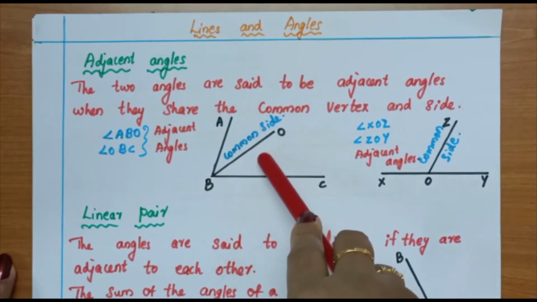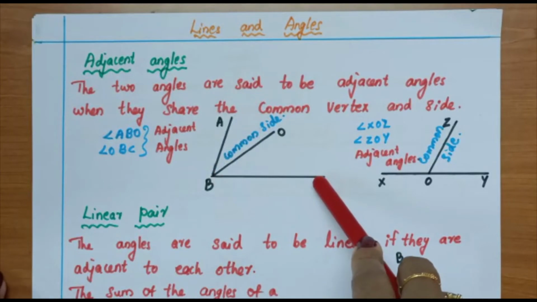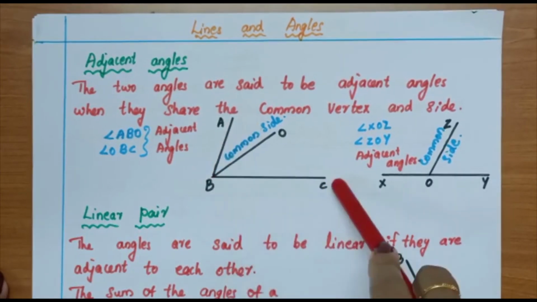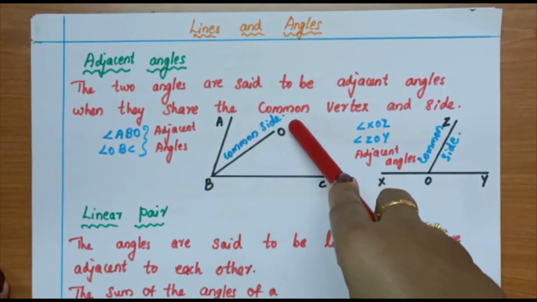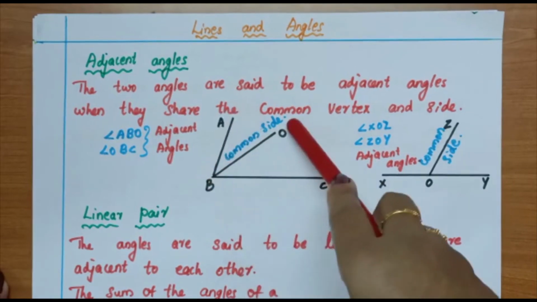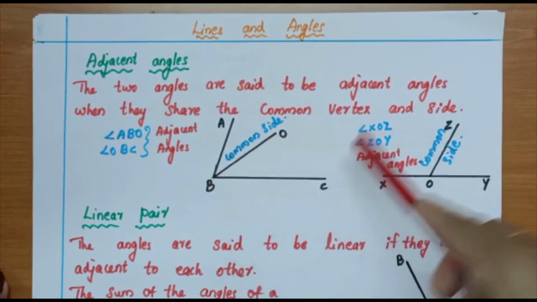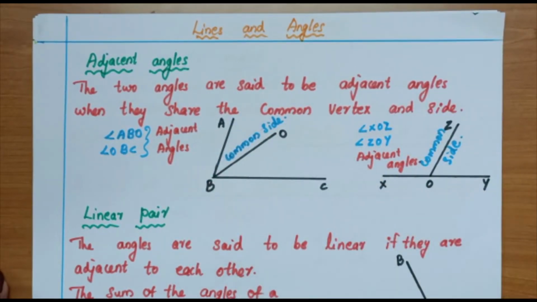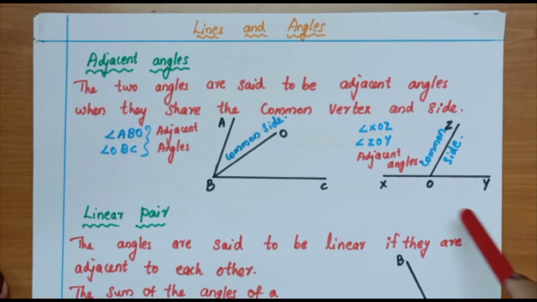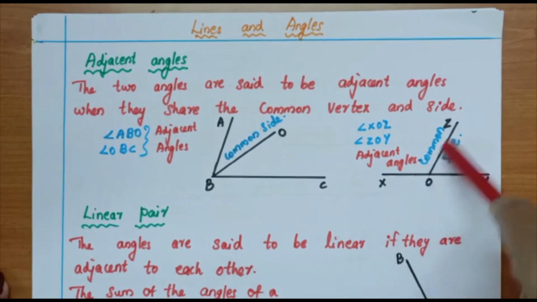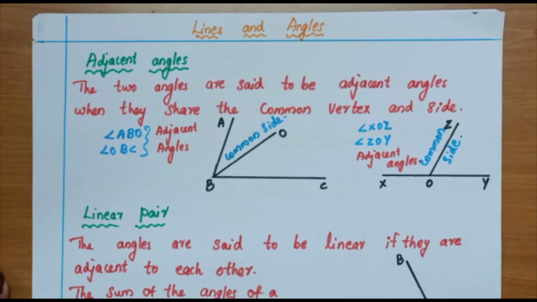Here there is a picture, angle ABC, and here we have a common side. So ABO and OBC are adjacent angles. Here XOZ and ZOY are adjacent angles.